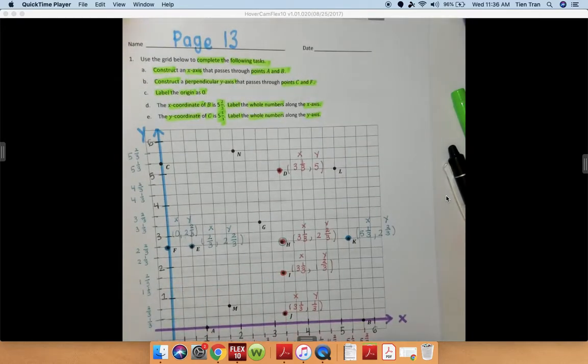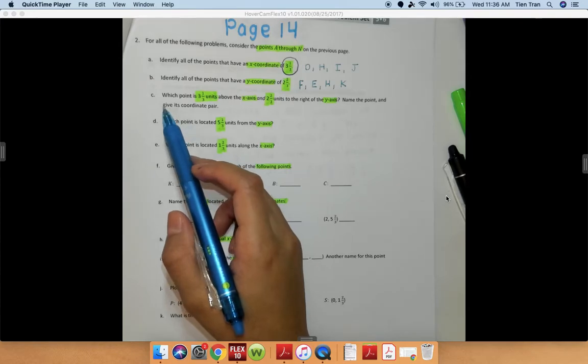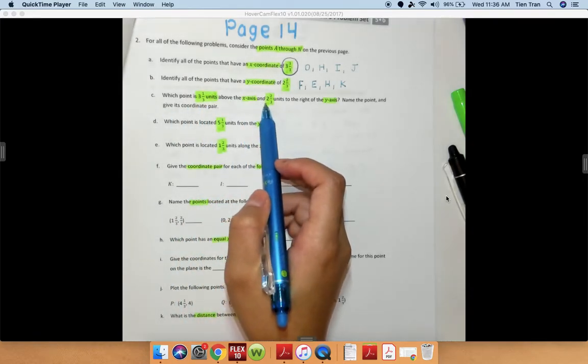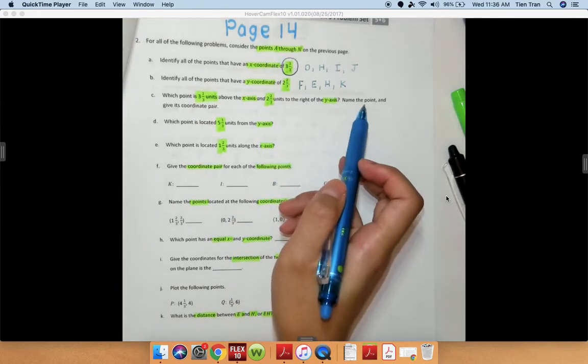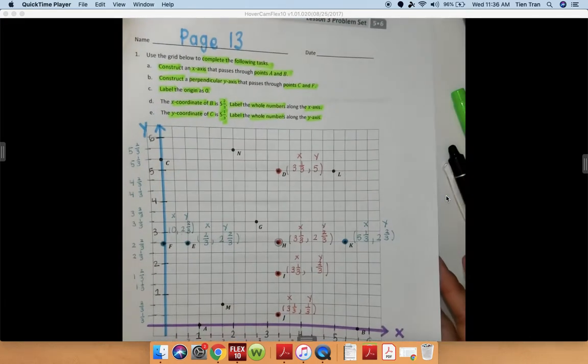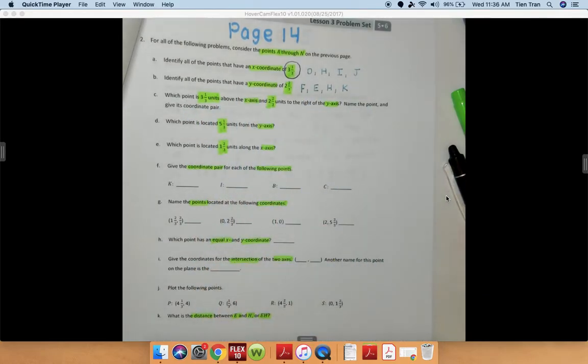Okay? Now, I forgot to read the next direction. For direction C, it asks which point is 3 1/3 units above the x-axis and 2 2/3 units to the right of the y-axis. Name the point and give its coordinate pair. Okay? So they asked me which point is 3 1/3 above the x-axis.